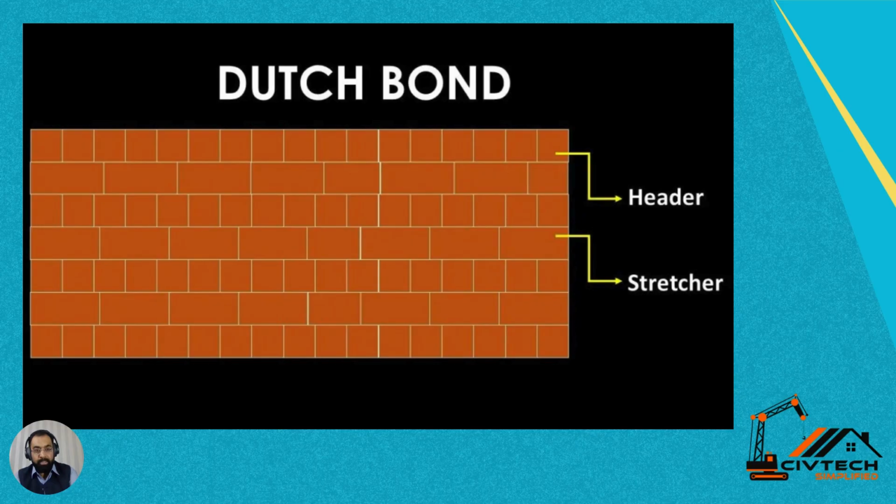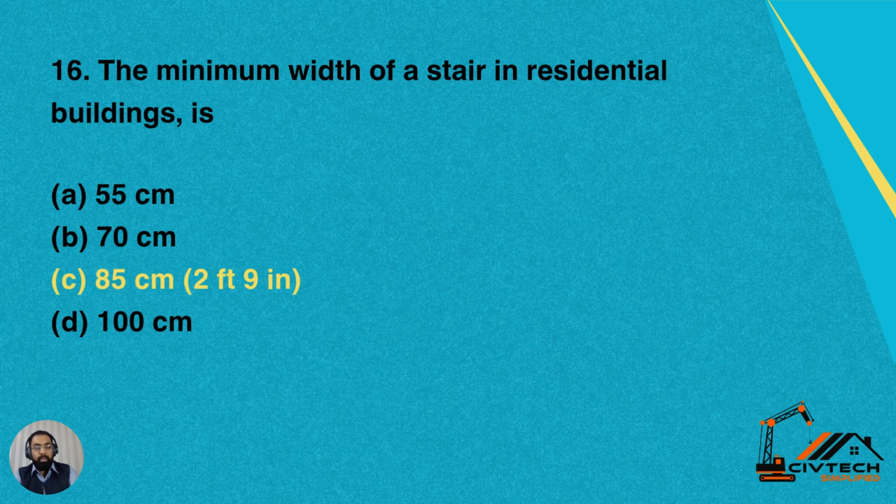So the second course is a stretcher course, and it is starting with a 3/4 brick bat. So again, it is clear now that Dutch bond has been derived from English bond. It is a sort of modification of the English bond, starting with a 3/4 brick bat.